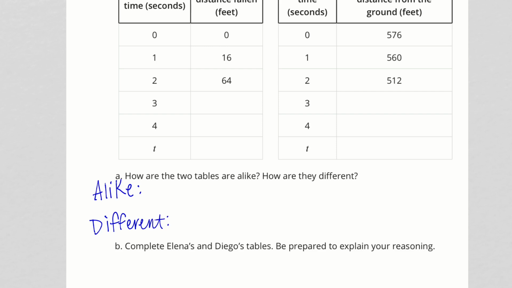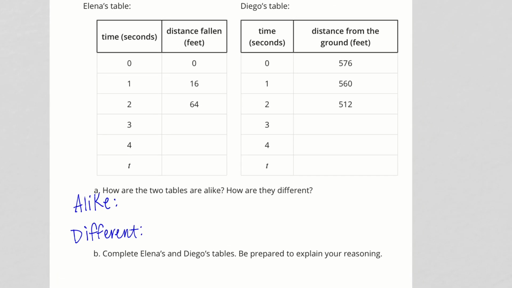Alright, well. Is X the time in seconds? Yeah, okay, so X or T. So time in seconds, what about it? They're both the same. What's the same about them? Or how they increase. So time in seconds is the same in both of those, and they also both have 0 through 4 and T. What else is alike?